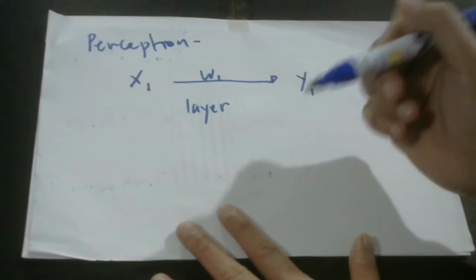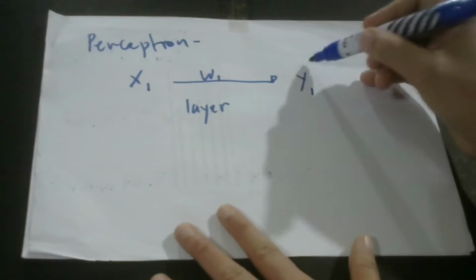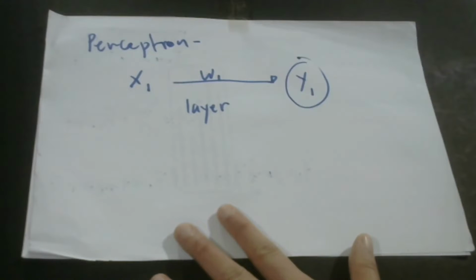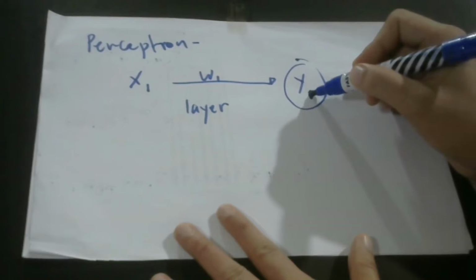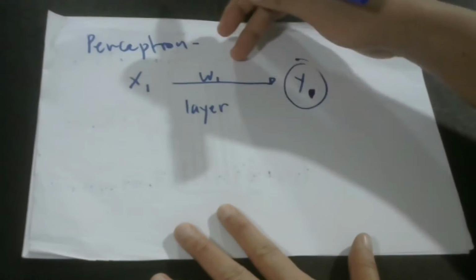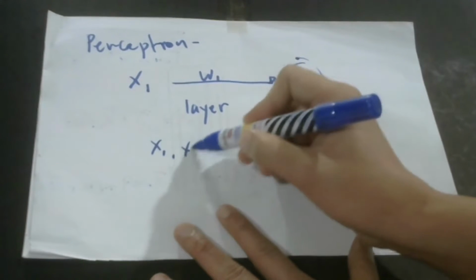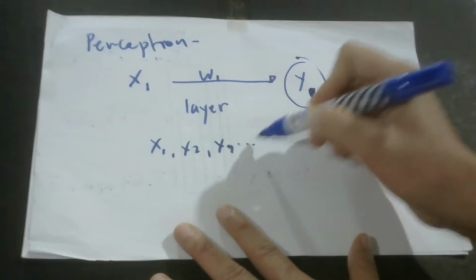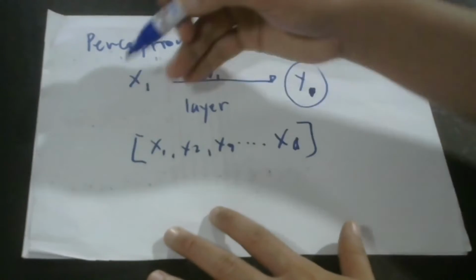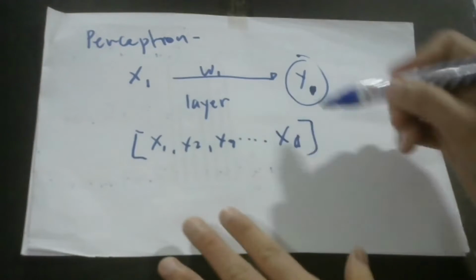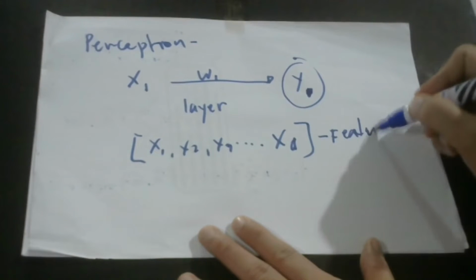What do we mean when we see all of these things? For a certain output, because y1 here is the output, let's just say y, never mind the one, so that we won't be confused. So we have x1, for example, then we have x2, x3, and so on until xd. When you see all of these, we refer to them as our feature variables.